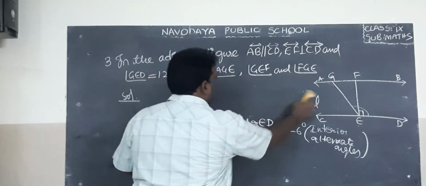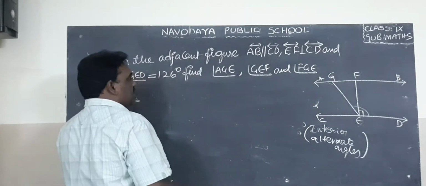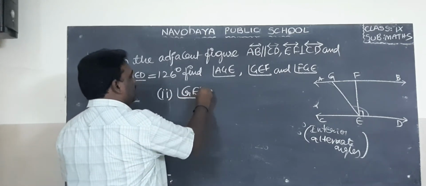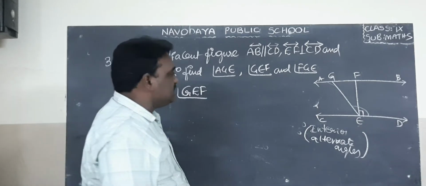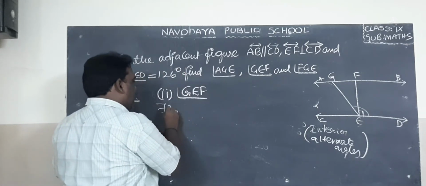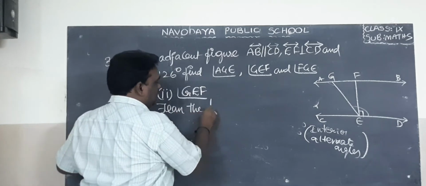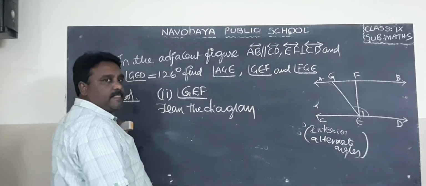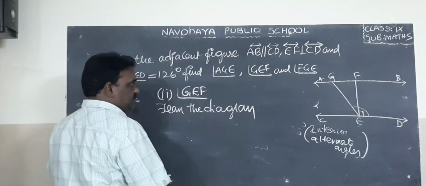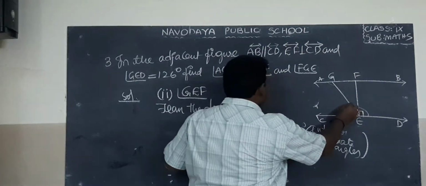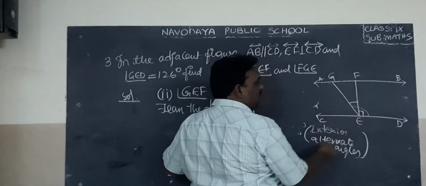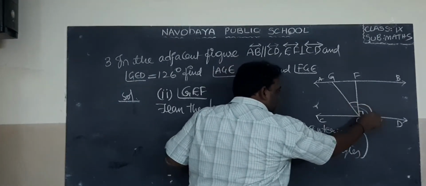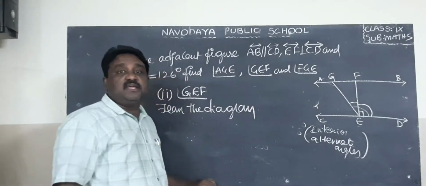Second one. Write about second one. Second one is what? Angle GEF. From the diagram, observe the diagram. From the diagram, what is your observation? Angle GEF, this angle, plus angle FED, this angle, total 126 degrees.